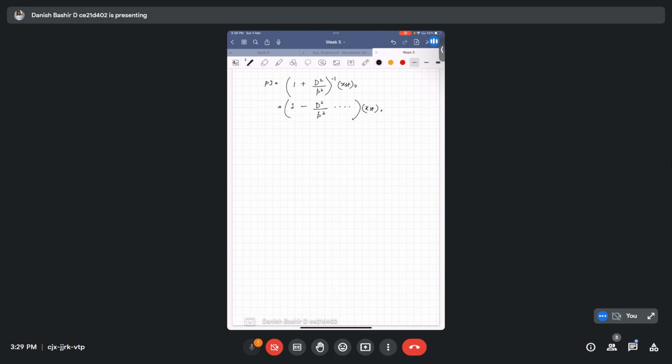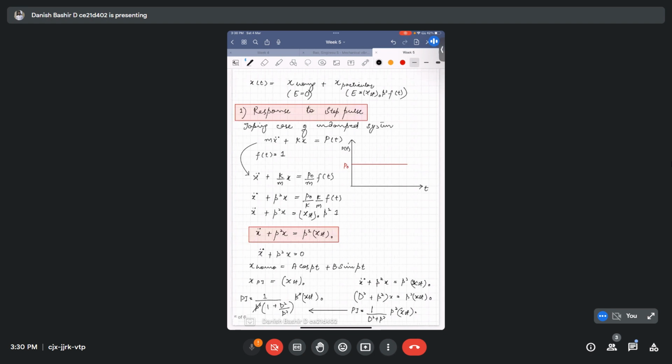You see that x static naught is a constant, and d is the operator d by dx, so d square is d2 by dx square. Differentiating a constant twice gives zero, so all the higher order terms will give the value zero. I'm not supposed to give you this much detail because it's just basic mathematics.